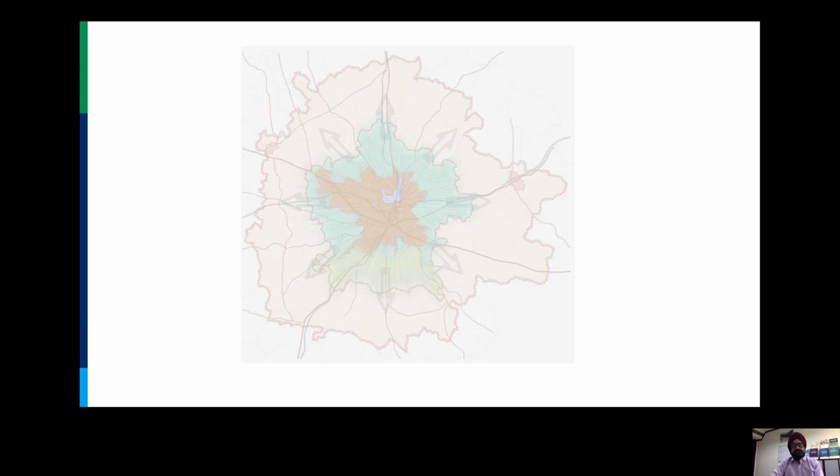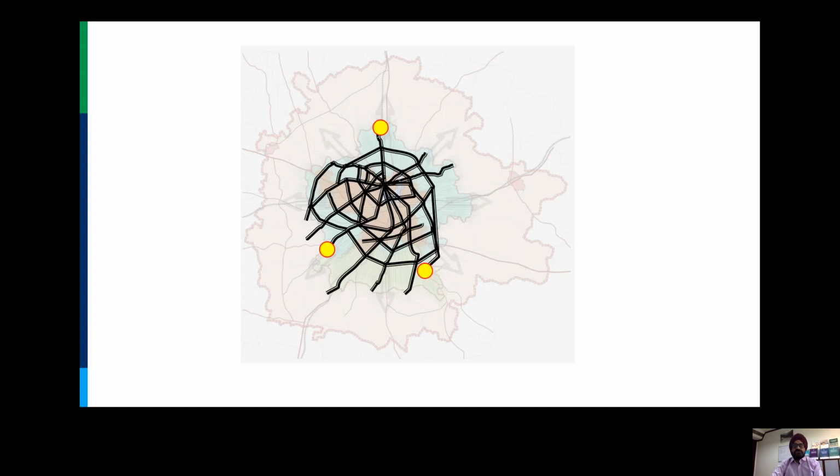Now let's look at a city and the different systems which we should explore, not just centralized systems. So typically a city map is overlaid, and in the center of the city there is a centralized system.